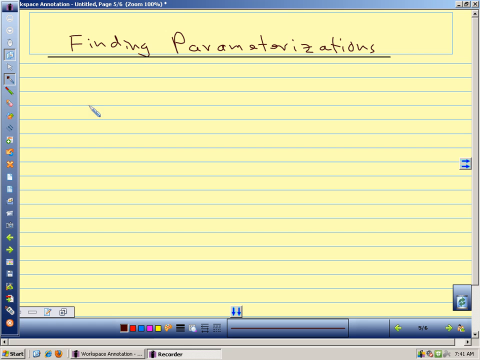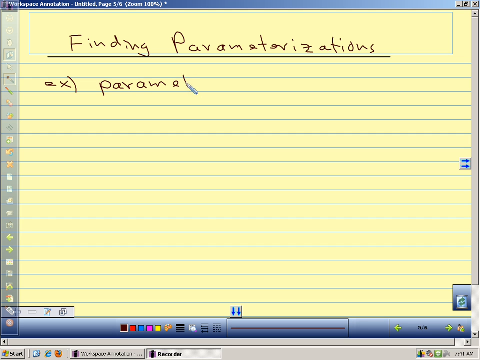So we want to parameterize the curve x squared over 16 plus y squared over 9 equals 1.